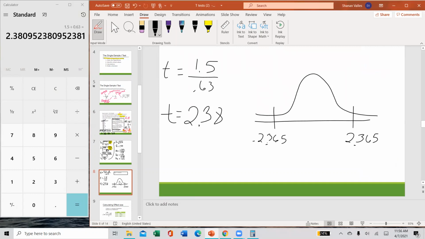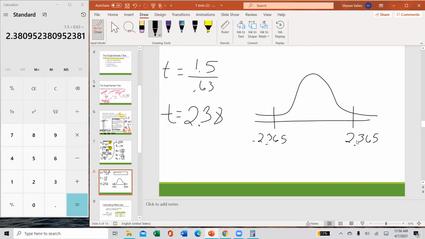All right, so what we do is we take our t value of 2.38 and we compare it to our critical value.